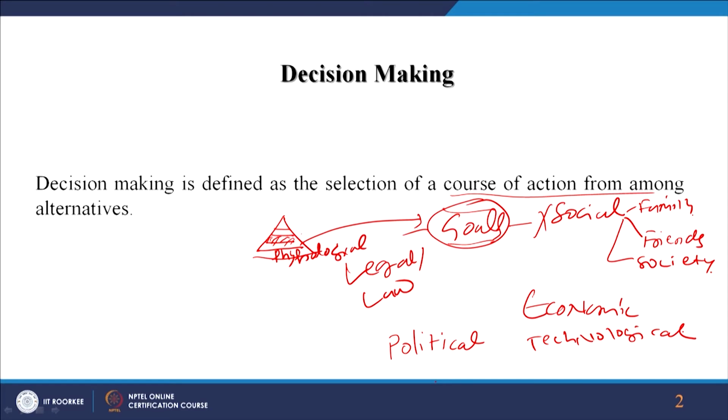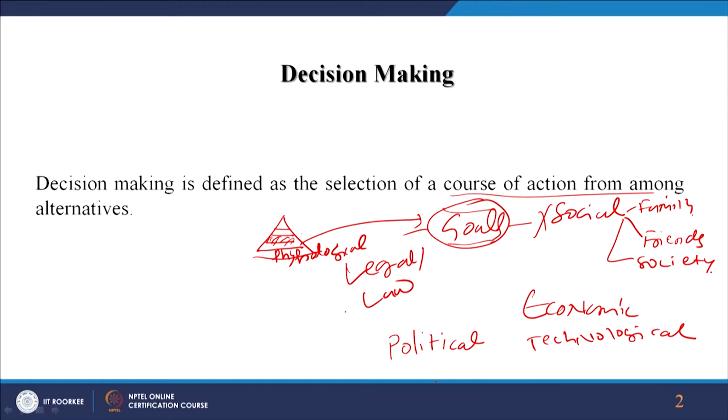So, here we have to understand how a course of action is to be selected. It is interesting to note whether it is possible to select a decision that is not dominated by his needs and to take the right decision, and that is why the decision making process has to be understood.